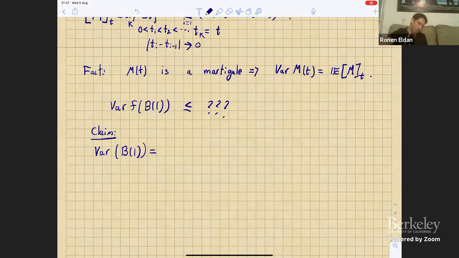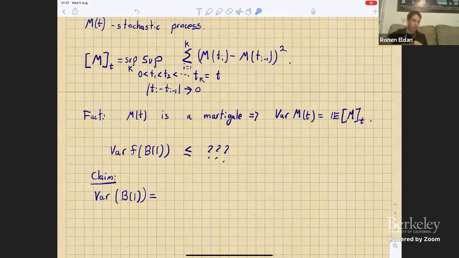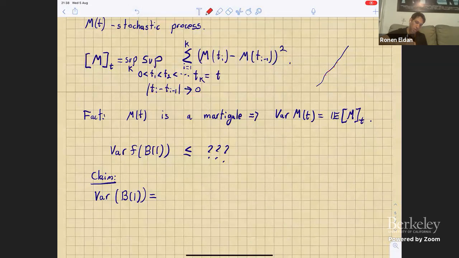So the variance at B of 1 is the quadratic variation. And for jump processes, if I have a continuous function and I take the sum of squares on points like this, then as long as the function is continuous, the sum of squares will converge to 0, right?